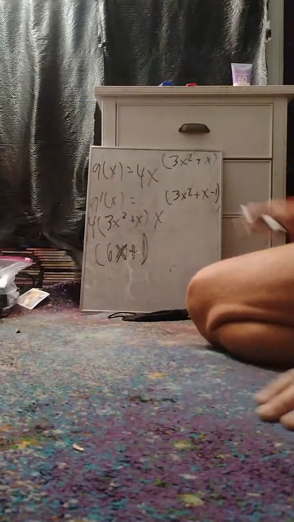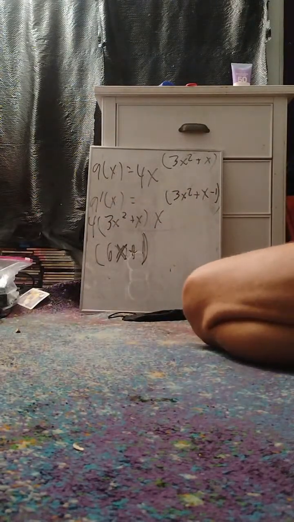So that would be 6x plus 1. That's the derivative of 3x squared plus x, 6x plus 1. So that gets multiplied by all that. See that? And that would mean that this thing times x to this is the answer.